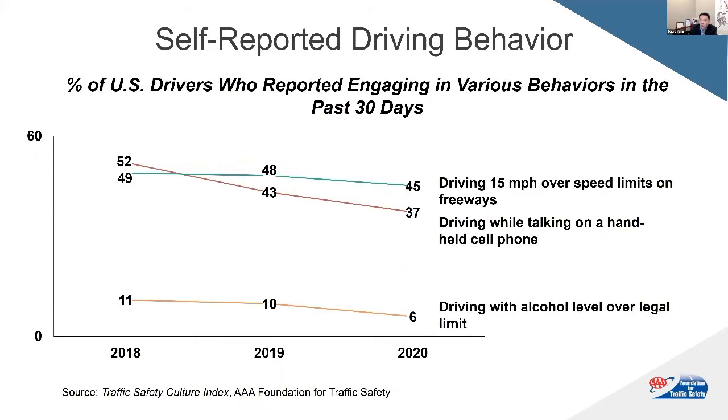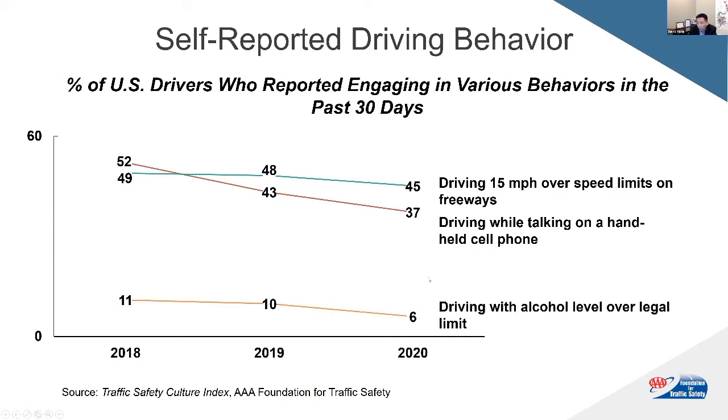When we ask people, of all these behaviors we define as dangerous, how many of you have done it in the past 30 days? Look at cell phone use and alcohol use: they have dropped.